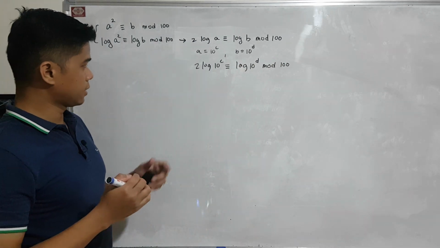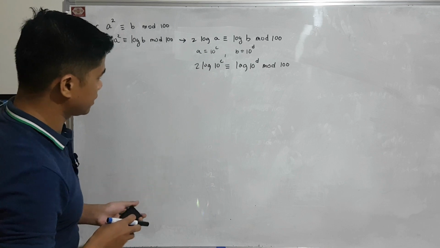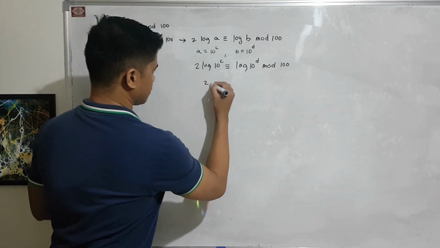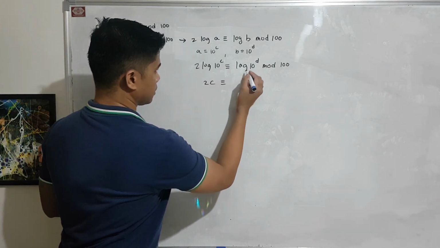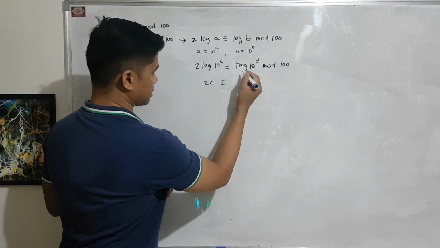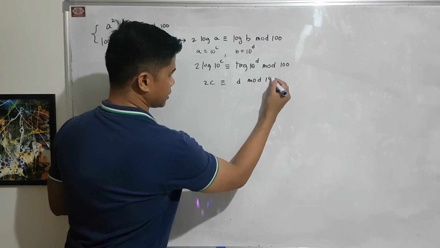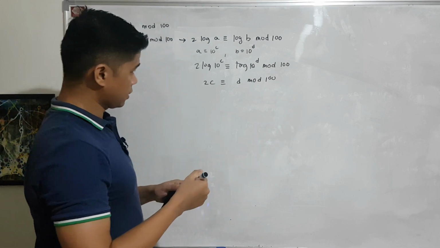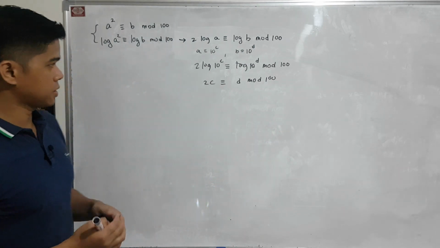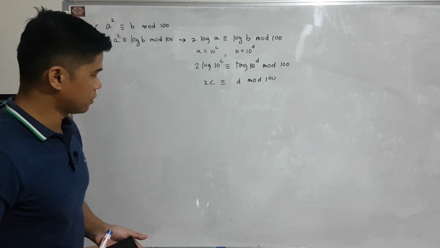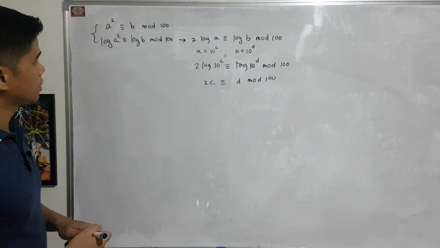Okay, so the log and the 10 cancel out, so on the left we get 2c congruent to, also on the right we can cancel that one, d mod 100.